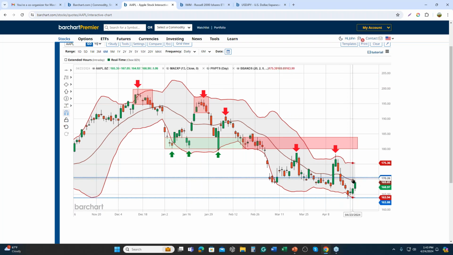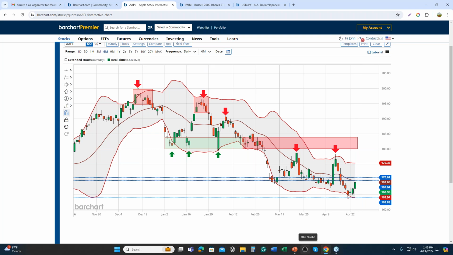So that's the only band that I really need to draw, because notice that our outer band is right on that lower level of our support zone. So let me just draw a line right here on our mean. And again, I'm going to come back and turn on my pivots.